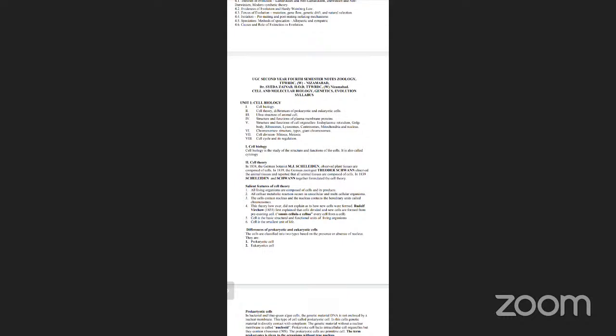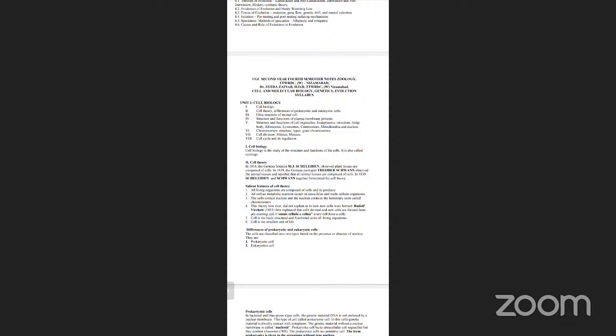So we are talking about only cell biology. What is cell biology? Cell biology is also called cytology. It is the chemical science of the cell, and we study the structural and functional aspects of the cell.